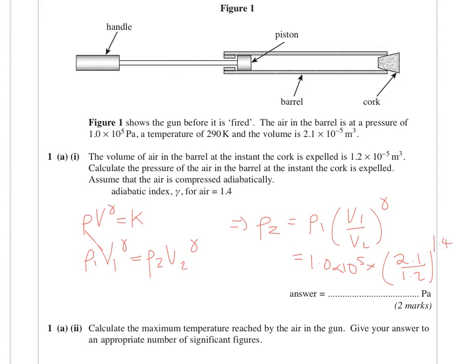So let's grab the old calculator. 2.1 divided by 1.2, the power of 1.4 times 1 times 10 to the power of 5. And that comes out as 2.18 times 10 to the 5. So it's going to be 2.2 times 10 to the 5 to 2 significant figures there.